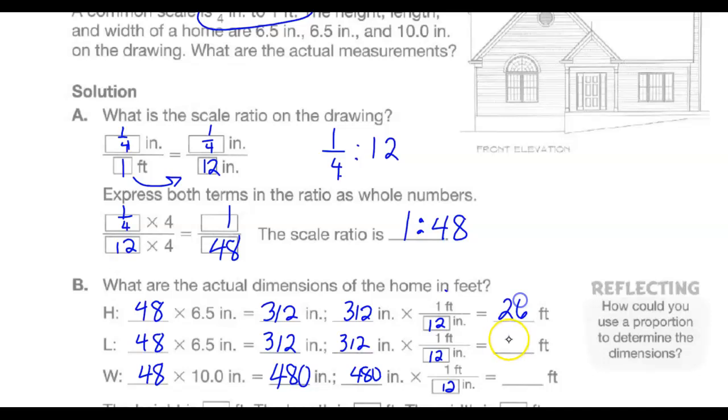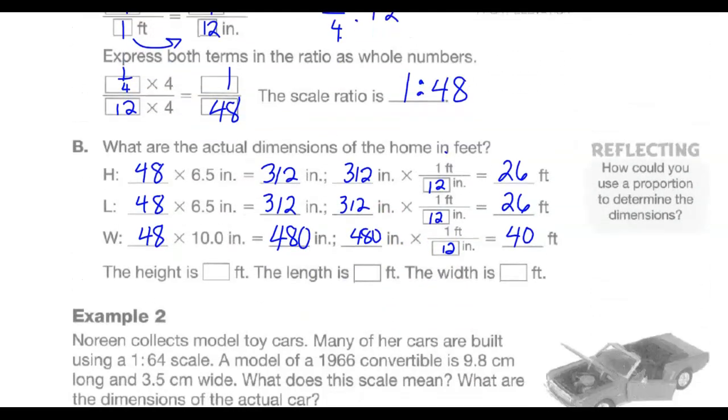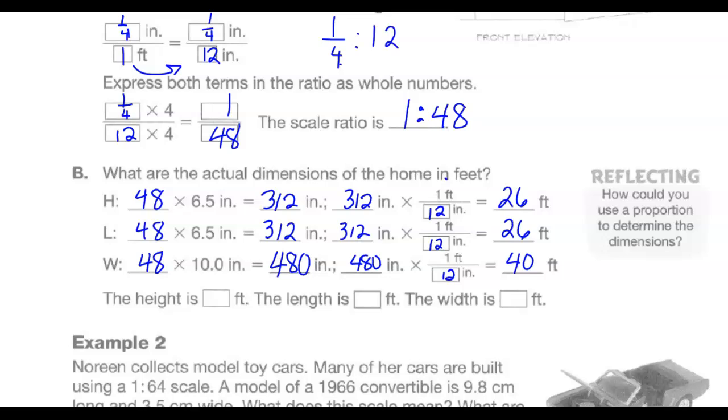So 26 feet, 26 feet, and then this will be 40 feet because 12 goes into 48 4 times with a 0. Okay, so the height is 26, the length is 26 feet, and the width is 40 feet.